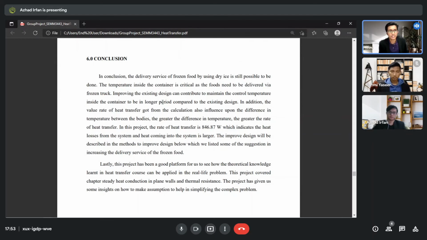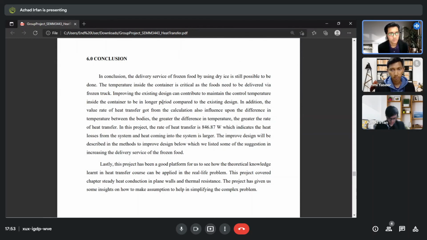So we can say in this project we have achieved all of the objectives that we aimed to achieve in the early stage of the project. We got the rate of heat transfer, which is 846.87 watts. We also applied everything that we have learned in chapter 3 heat transfer to solve this problem.